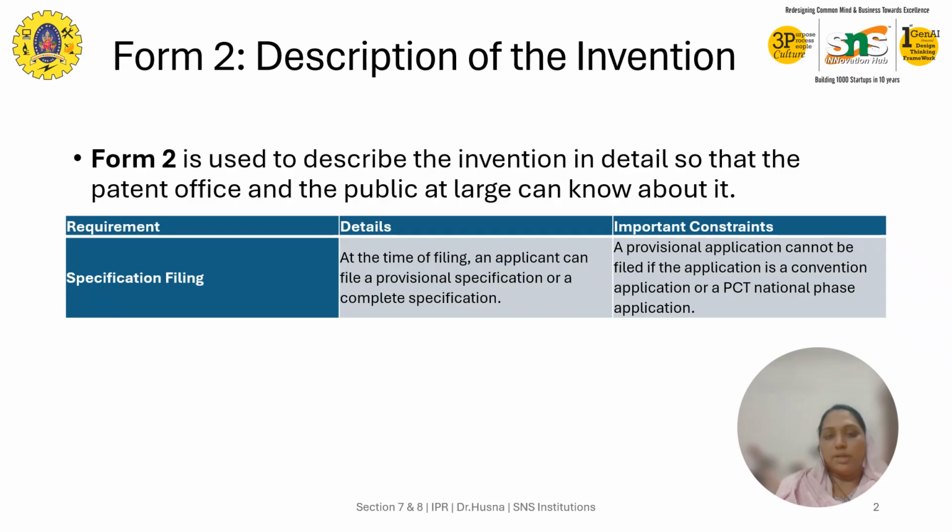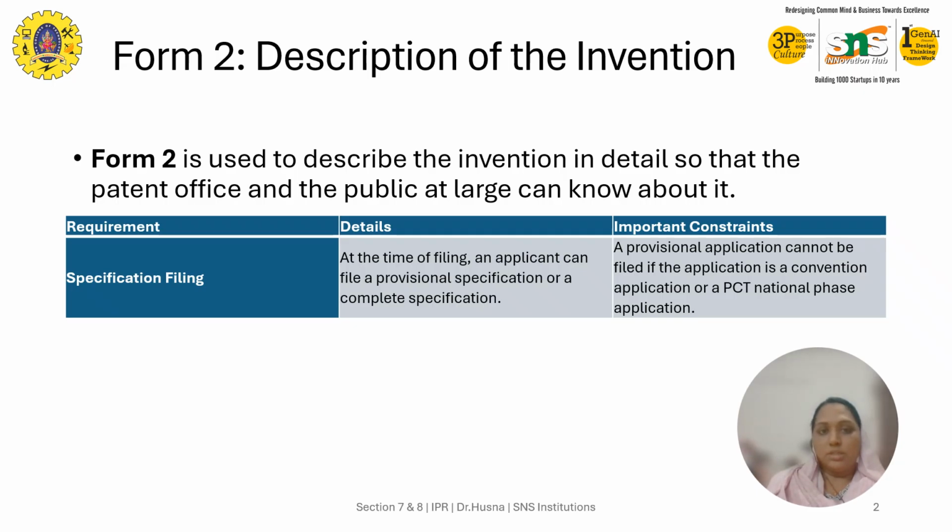It does not require claims. It contains only the initial description of your idea. If you have an idea and you want to protect it, then we can go for form 2, the description of invention. It is used only for ordinary applications.